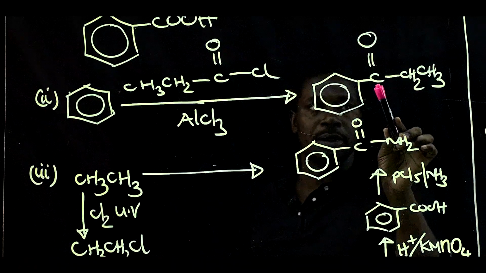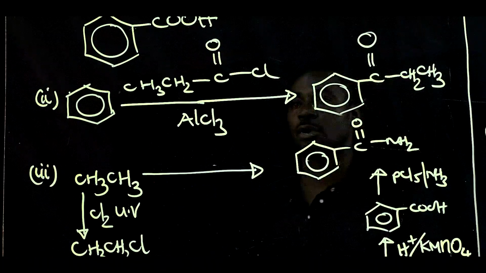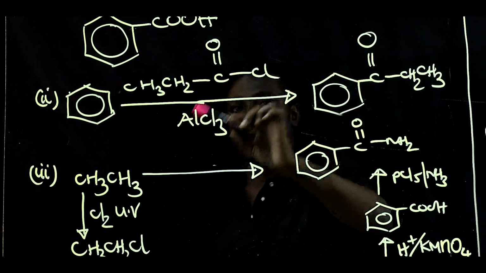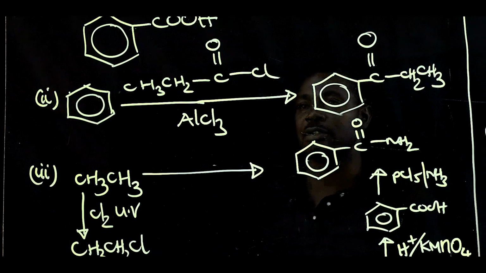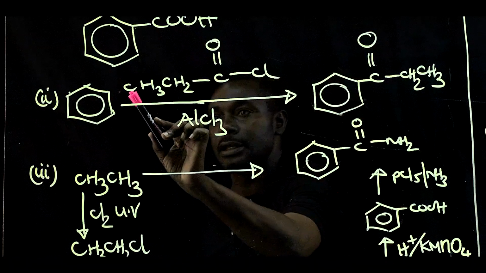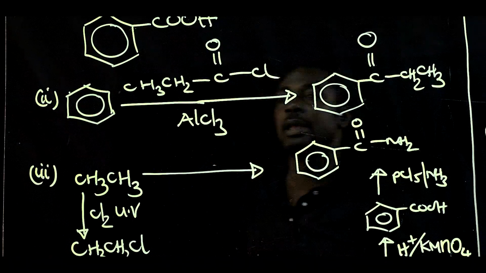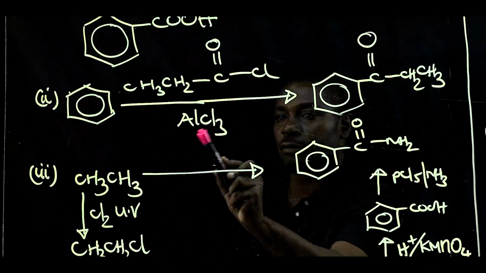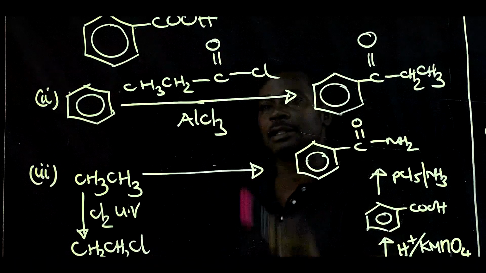The propanone added to the benzene ring has 1, 2, 3 carbons. So we are supposed to use an acyl compound having 3 carbon atoms. This acyl compound having 3 carbon atoms is treated with benzene in the presence of a catalyst known as aluminum chloride, or Lewis acid.